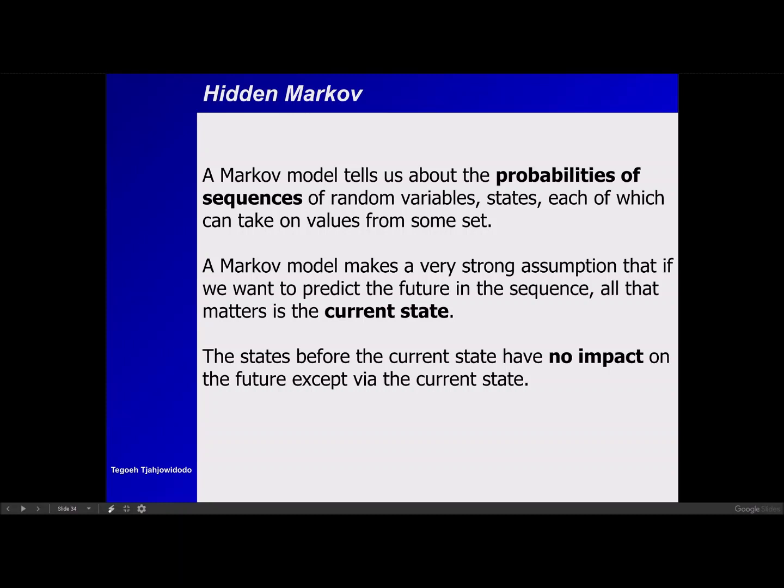Compared to naive Bayes, where we want to estimate one class based on a set of variables, in hidden Markov we want to estimate a sequence of events based on another hidden sequence.